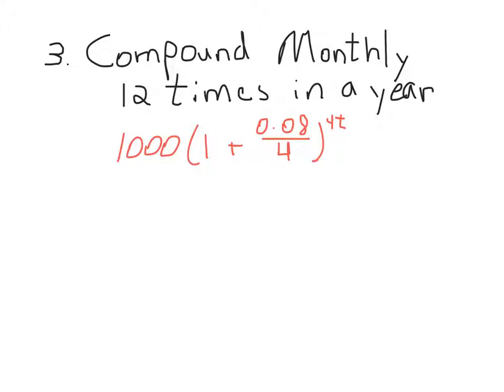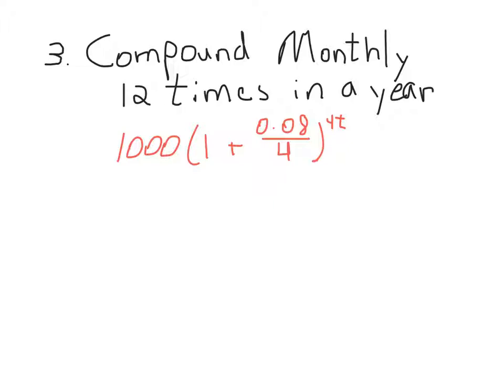Hopefully by now you're seeing the pattern pretty clearly, that if we're going to go to compounding our money monthly, which of course is 12 times in a year, then that is going to affect what we were using before. This is what we should have for T years if we're compounding quarterly.